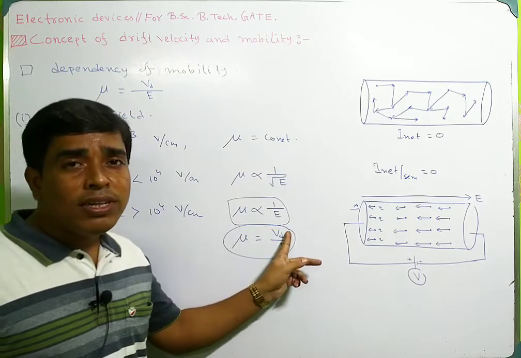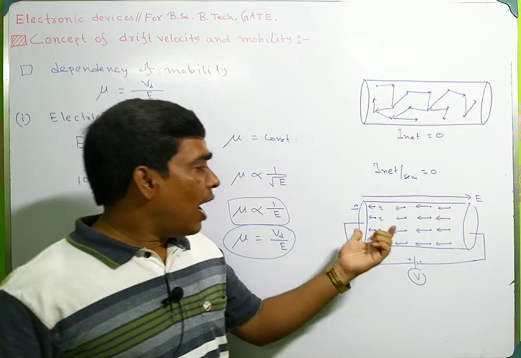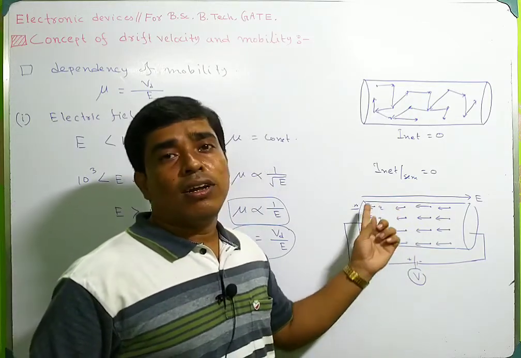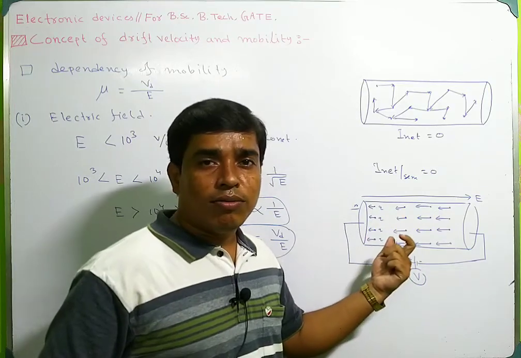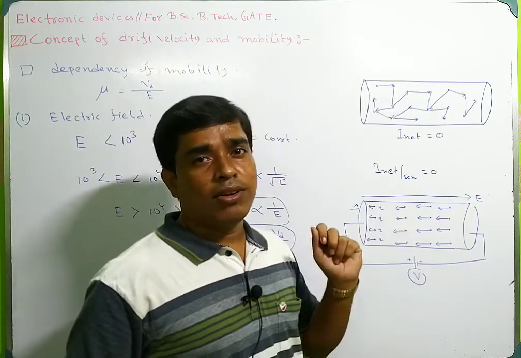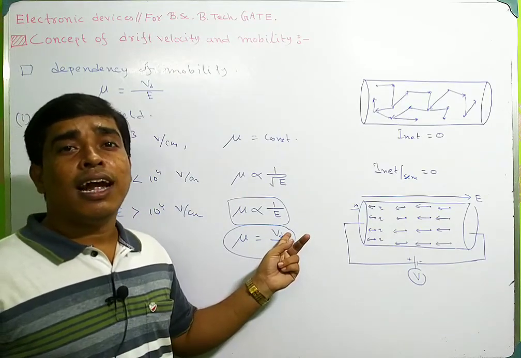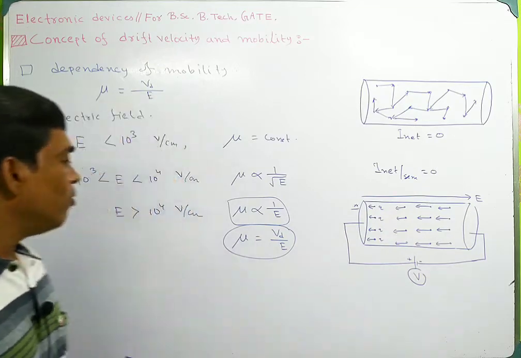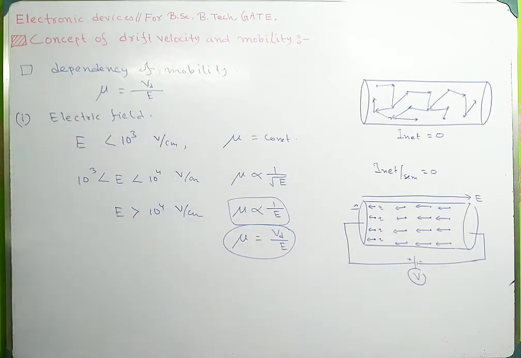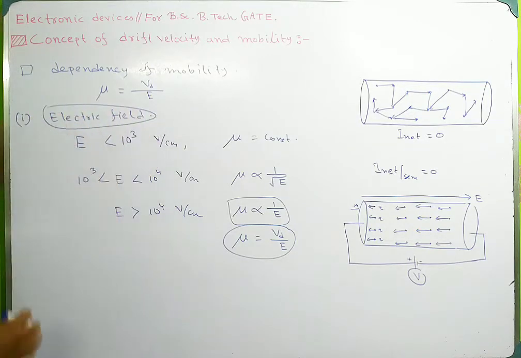Drift velocity is the maximum velocity attained by the charge carrier of a conductor or semiconductor. So Vd is the maximum velocity which a charge carrier can attain under an electric field. This is how mobility depends on the electric field.